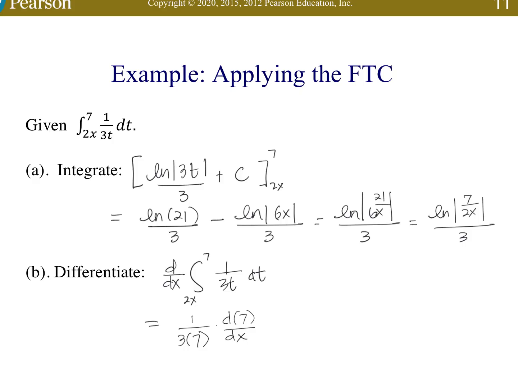So the derivatives are applied to the bounds part of it, not applied to the function itself. And then minus 1 over 3 times 2x times the derivative of 2x with respect to x. So I know that the derivative of 7 with respect to x is 0. And I know that the derivative of 2x with respect to x is 2. So this whole thing is going to simplify down to negative 1 over 3x.